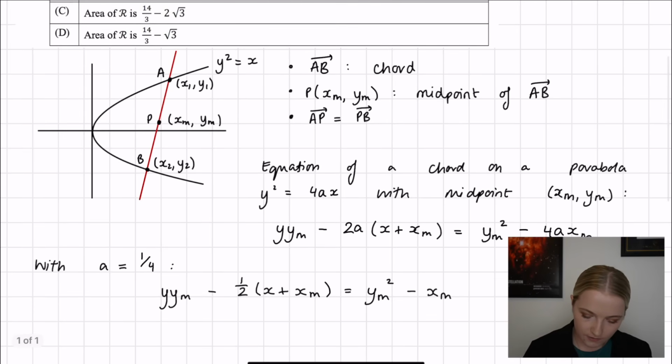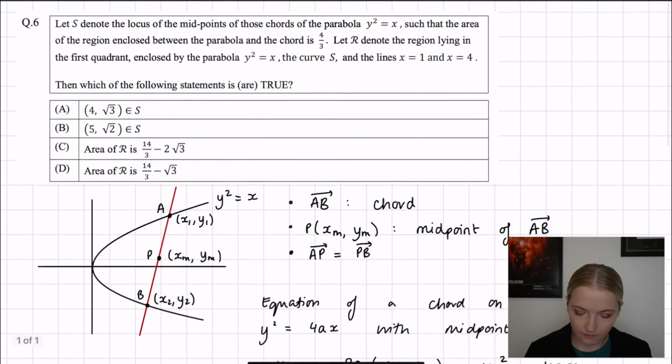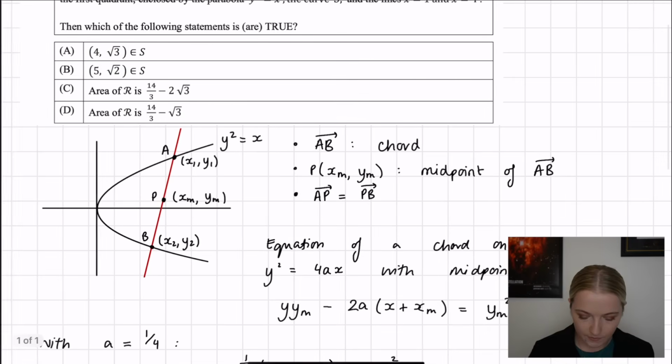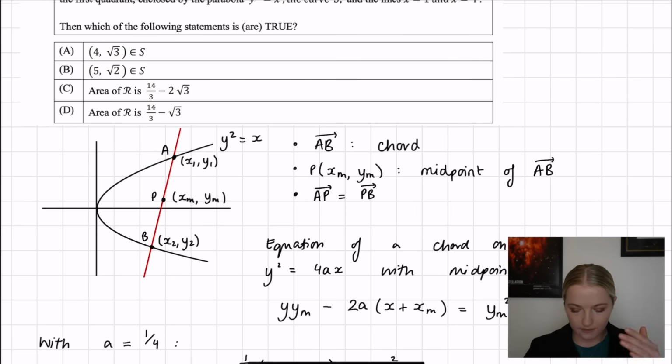Now the end goal of this is we're obviously going to want to calculate an area, the area of the region enclosed between the parabola and this chord. So we're kind of wanting this area in here. So obviously if we're going to be integrating, then we want the expression in terms of x, and that's because we're going to be integrating between the x values and in terms of x rather than y.